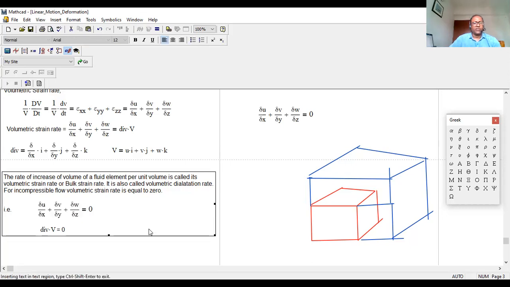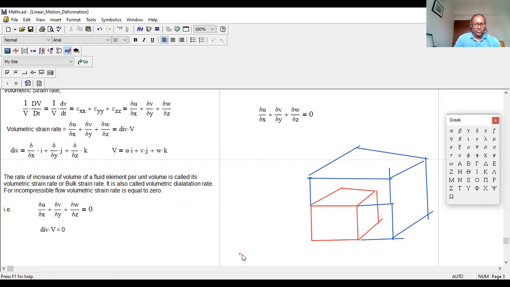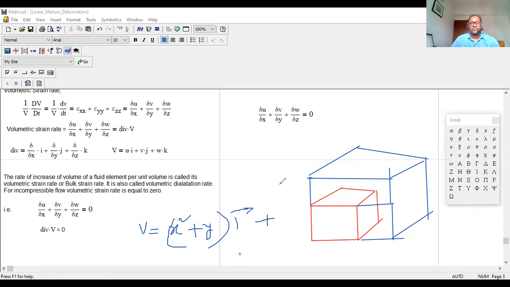Okay. Let me just write it down instead of typing, that will be easier. I can say V equals (x squared plus y) into vector i, plus, one more, (z squared plus x squared) into vector j, and one more vector k, right?